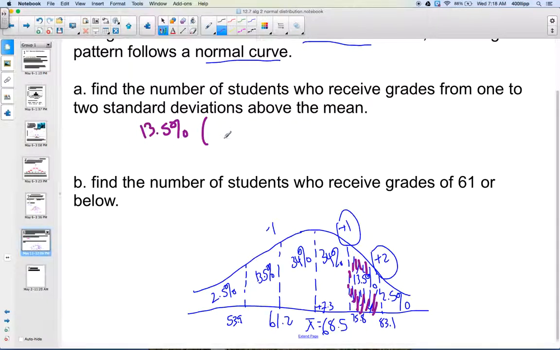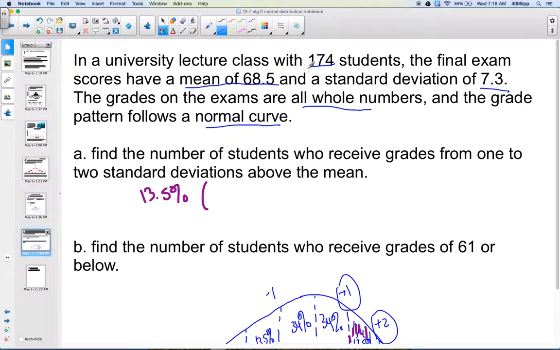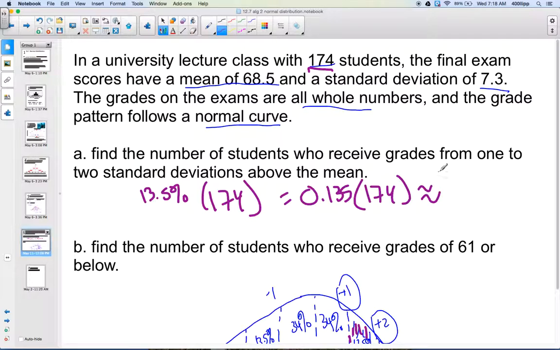The problem says 174 students took the test, so we multiply 0.135 times 174, which gives about 23.49.